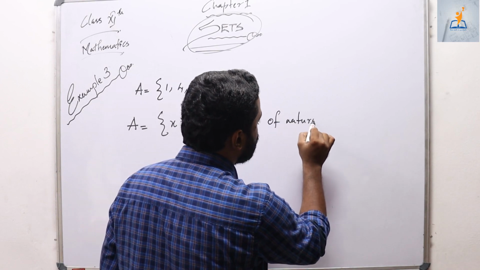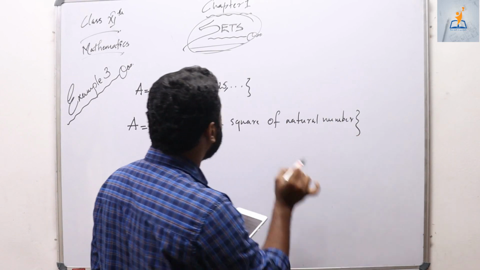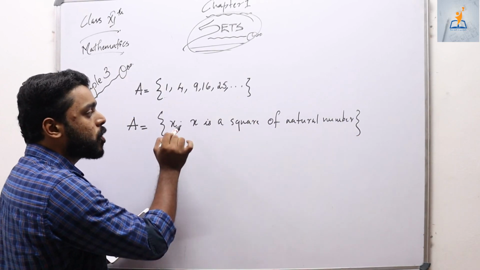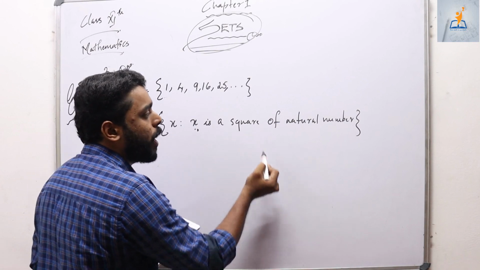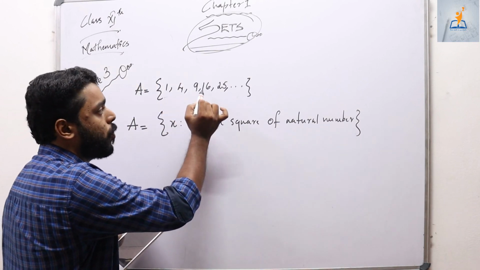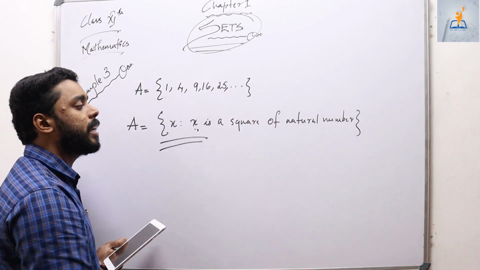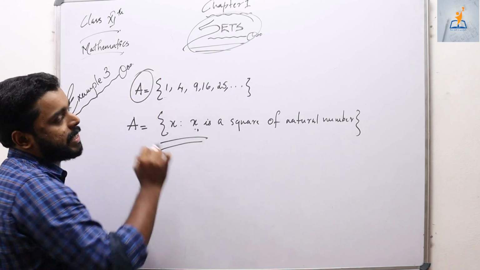See, unlike the previous example, here the elements are squares. So x must be a square of a natural number, 1 square, 2 square, 3 square, 4 square, 5 square, etc. So this is the set builder form of this set.